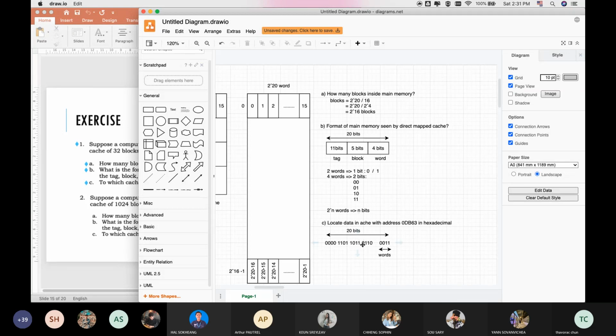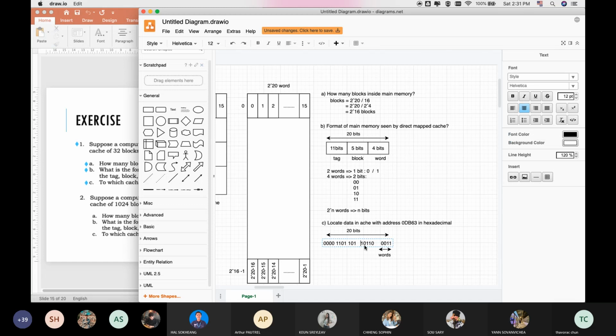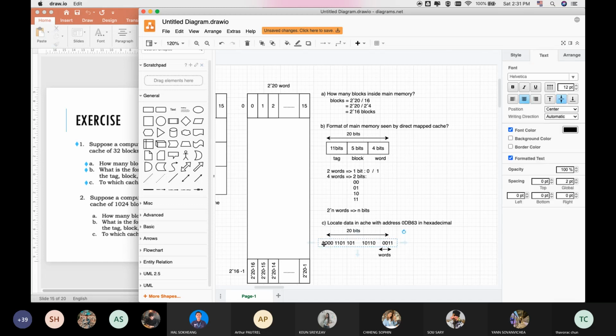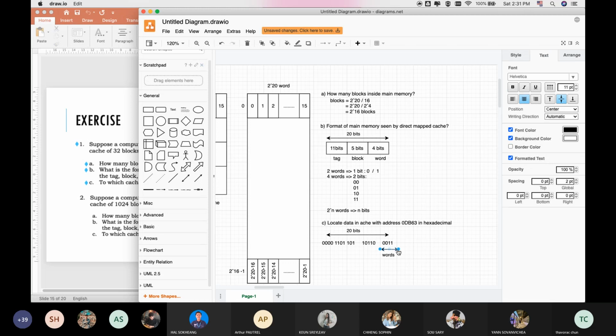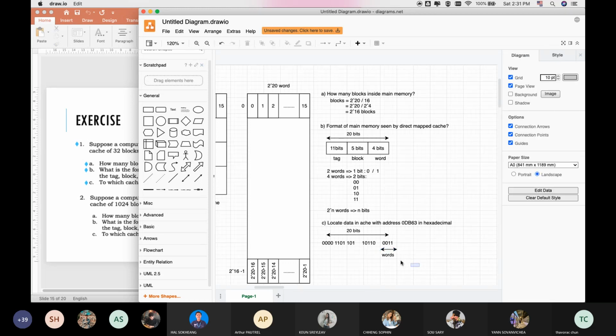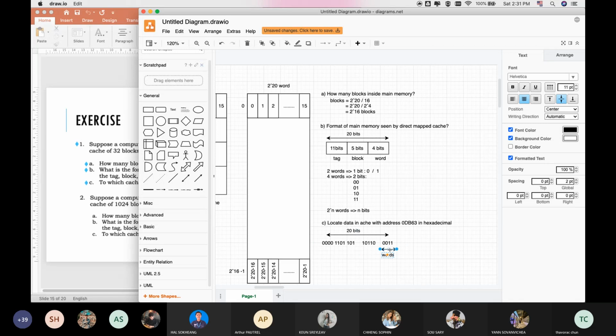And then the next 5 bits are used to represent the number of blocks inside the cache, right? So I make it more space like this. It represents the block.